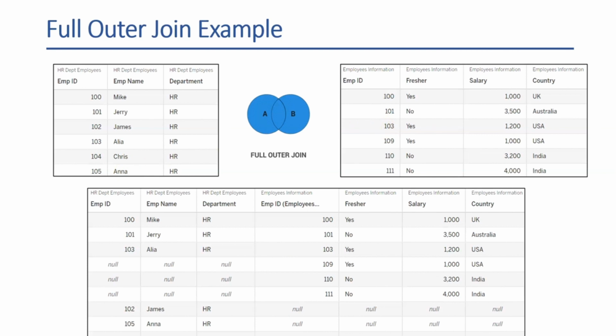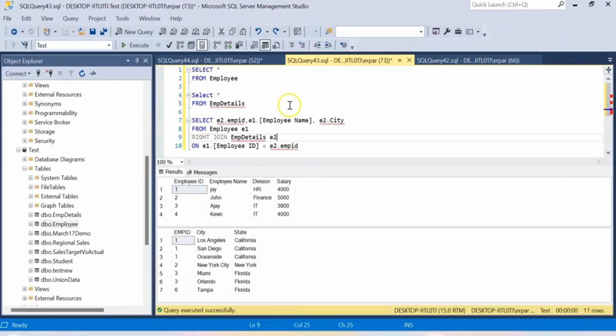So now let's see that in SQL Server. Here I have two tables, employee and employee details. In my employee table, I have the record 4 which is not present in my employee details table. Similarly, in my employee details table, I have the employee ID 6 which is not present in my employee table. So if I use the full join or full outer join, I will get all the records from both the tables.